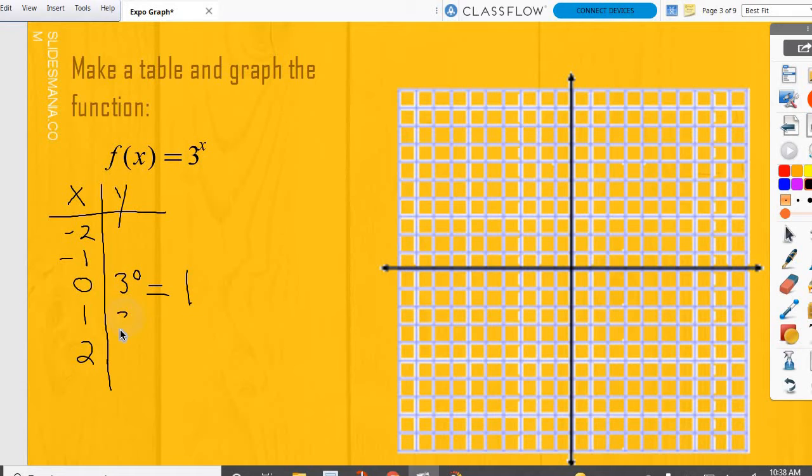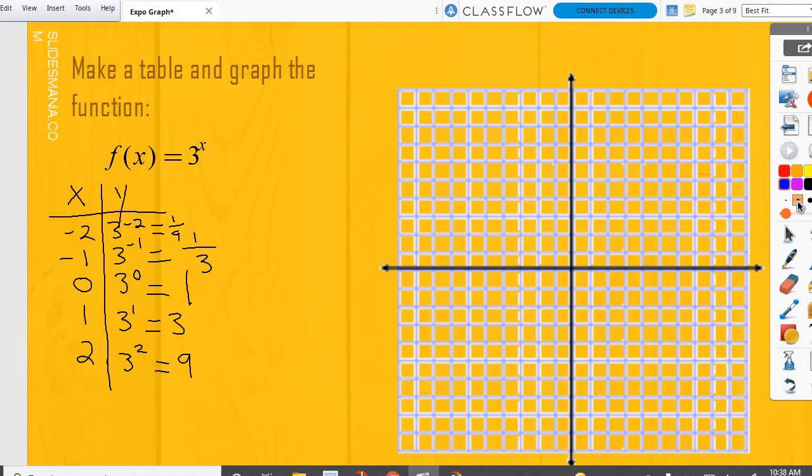If I have 3 to the first, that gives us 3. 3 squared gives us 9. But with our negative numbers, what happens? It flips them and turns them into a fraction. So what would 3 to the negative second be? 1/9, right?